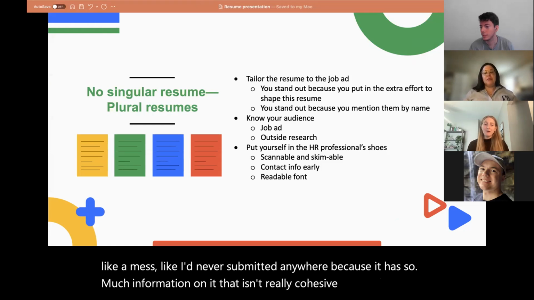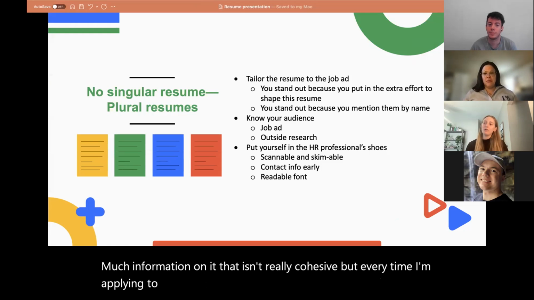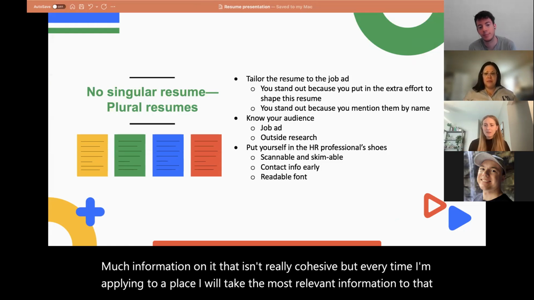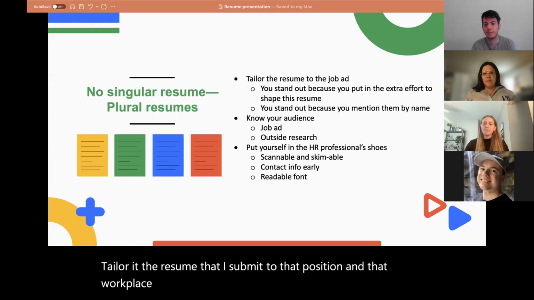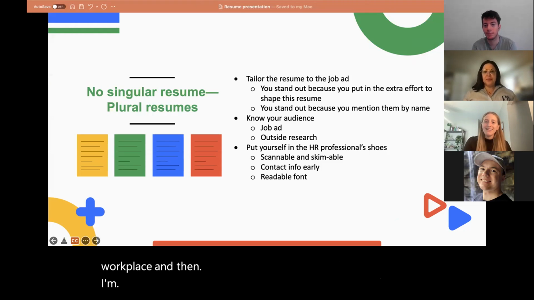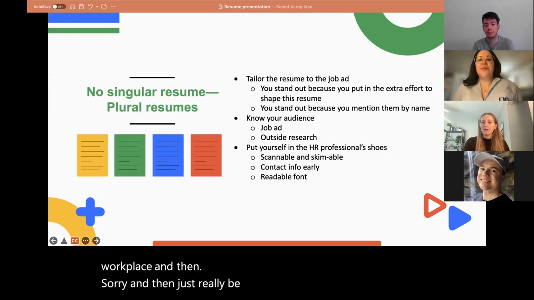But every time I'm applying to a place, I will take the most relevant information to that position, tailor the resume that I submit to that position and that workplace, and then be sure that I'm only including the relevant information.